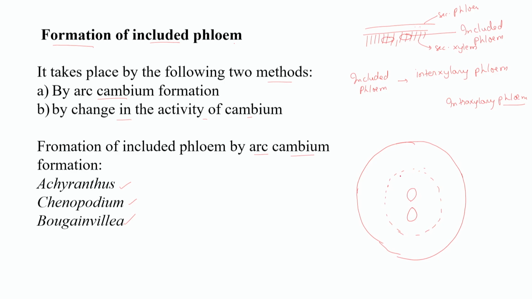This accessory cambium was cutting xylem on the lower side and phloem on the outer side, and it was giving sclerenchyma, which is more compact, and then parenchyma.